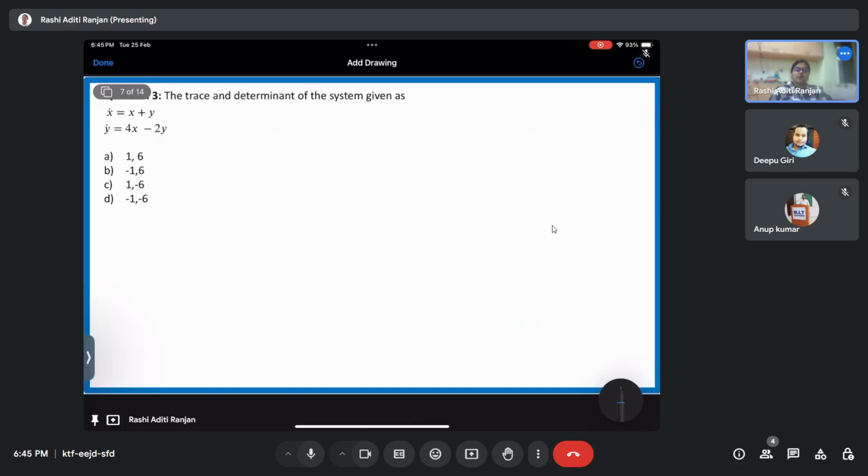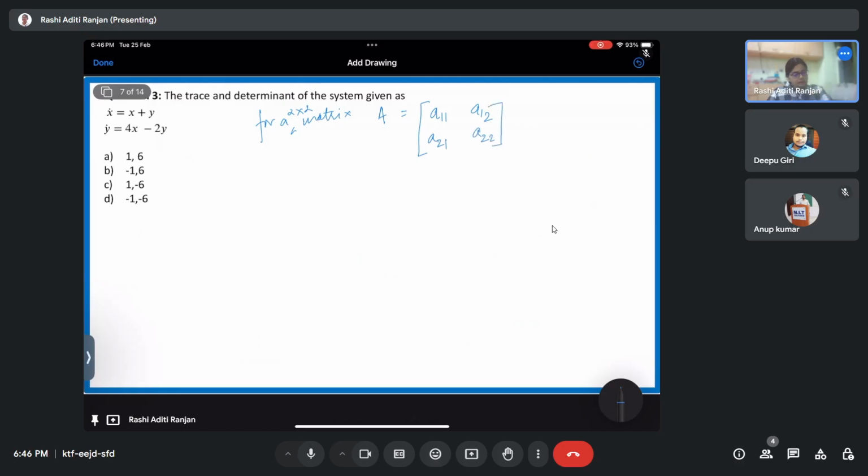This question I have taken just to introduce the concept of trace and determinant, and this is essentially used in case of a matrix. We define the trace and determinant in case of a matrix. So if I have a 2 cross 2 matrix A, it is equal to A11, A12, A21, A22.